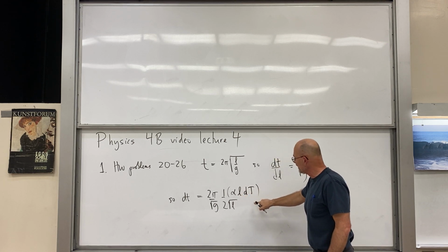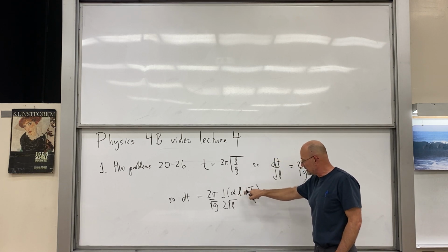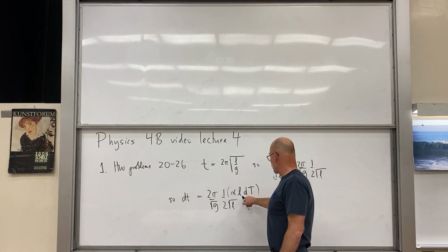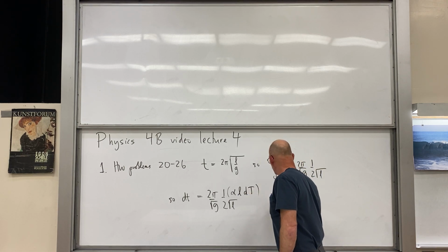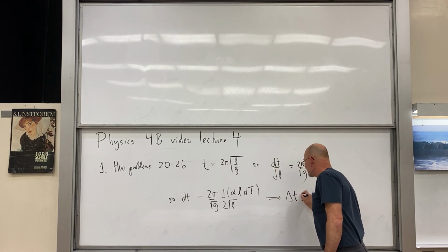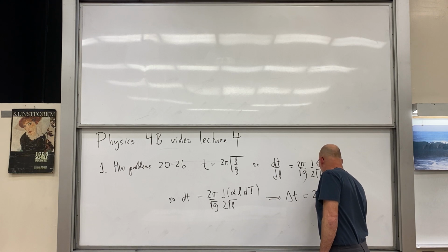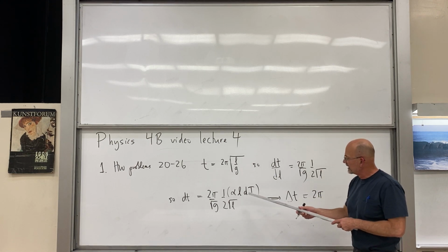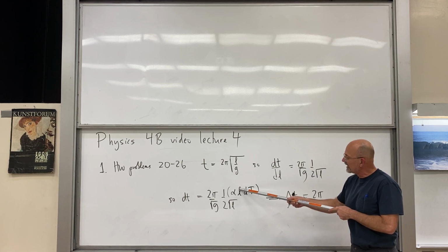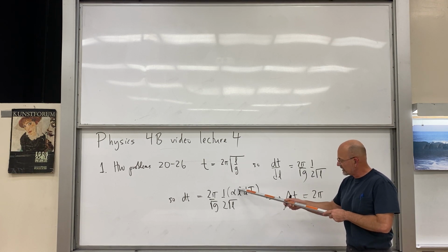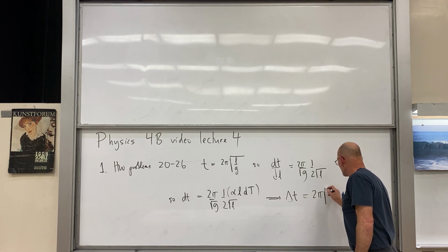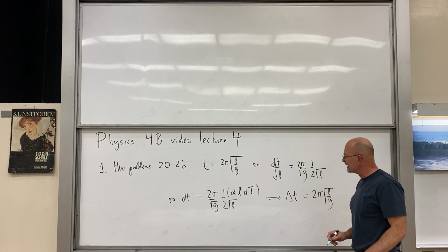Delta L is equal to alpha L0 delta T. So since we're doing this as a derivative, we can write this as delta T is equal to 2 pi, and L over the square root of L is the square root of L. So we will have 2 pi square root of L over g again.